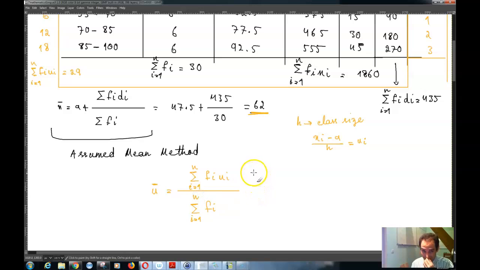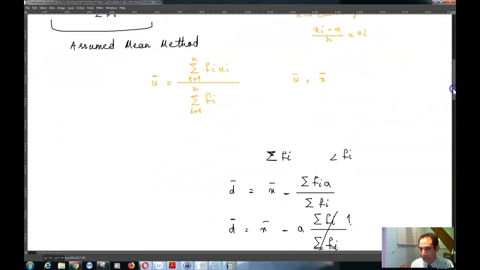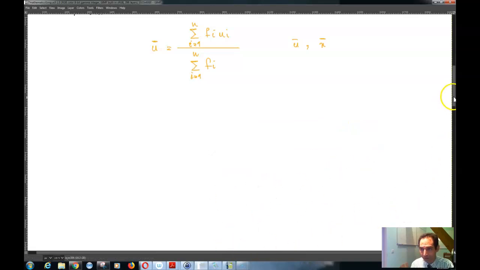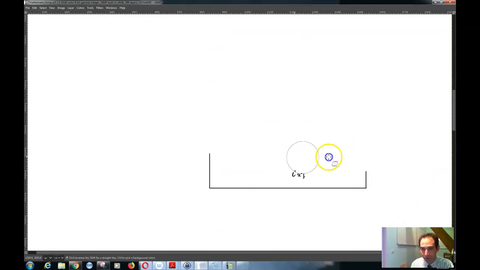And now again we can find some sort of relationship between u bar and x bar, because our goal here is to calculate x bar, of course. So we said that basically, let me erase all of these things so that we have some space to write something.